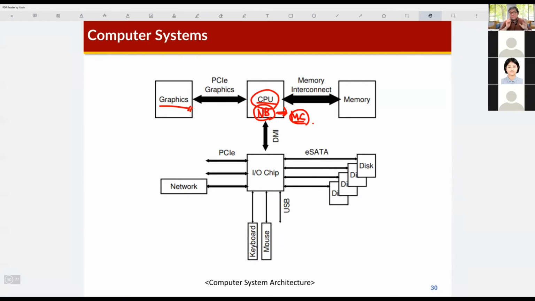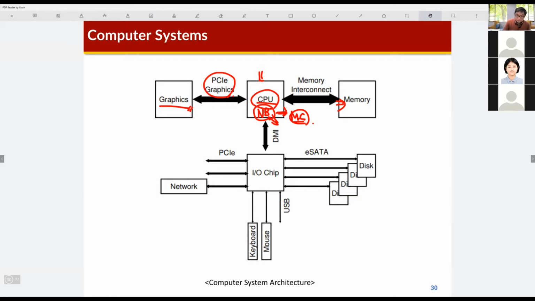This data transfer between the CPU and graphics card is directly controlled by the CPU chip here, and the graphics card is connected via the PCIe bus. Also, the memory is directly controlled by the CPU. That means this north bridge part is just included in the CPU processor chip.